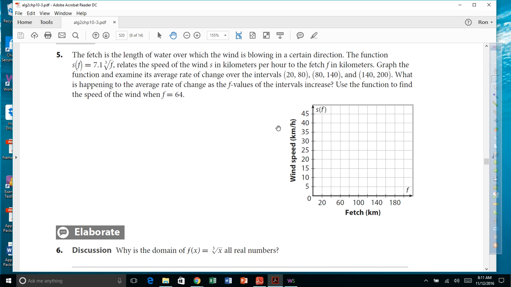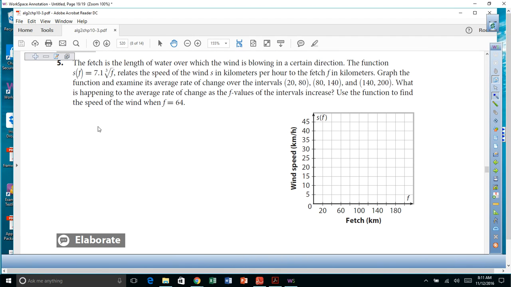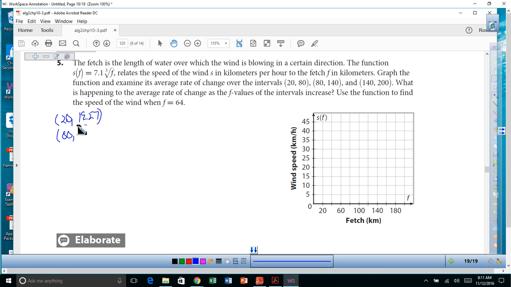So what I did was I just use these numbers here. I put those numbers in my calculator so that I could do that. For 20, I got 19.27. And then for 80, I got 30.59.